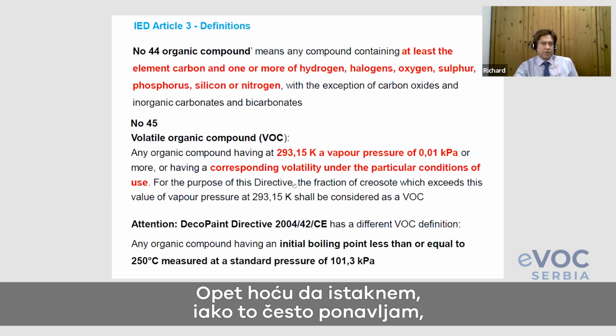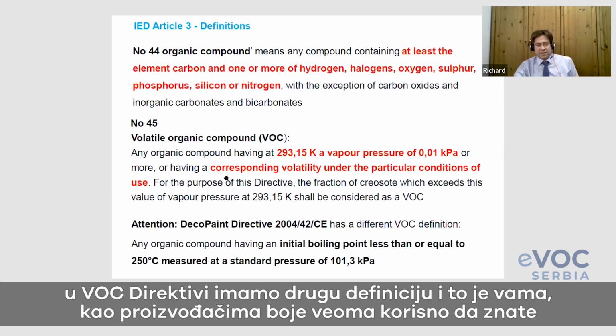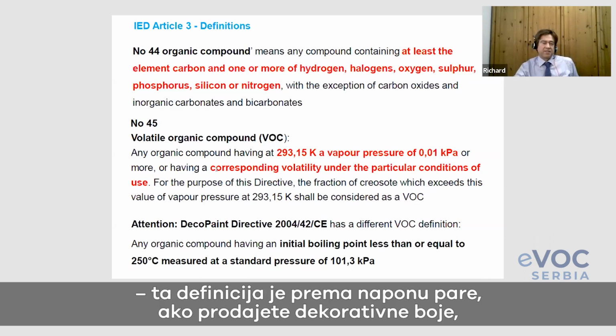I want to point out again, I do it very often, I know. Here in the VOC directive, we have a different definition, and that's maybe very useful to know for you as a paint manufacturer. That definition is corresponding to vapor pressure.